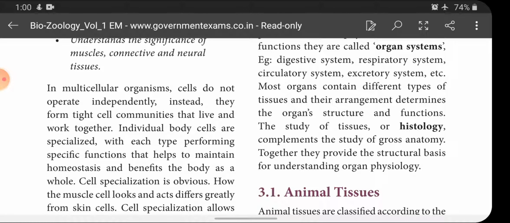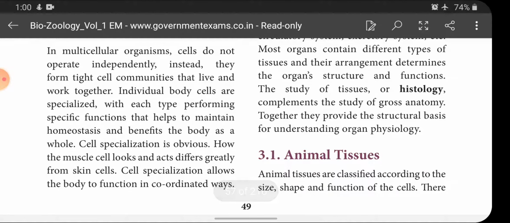So, in multicellular organisms, cells do not operate independently. Instead, they form tight cell communities that live and work together. Individual body cells are specialized, with each type performing specific functions that help to maintain homeostasis and benefit the body as a whole. Even we, as human beings, have a body made up of many cells, and though it is made up of many cells, the individual cells cannot perform their function separately.